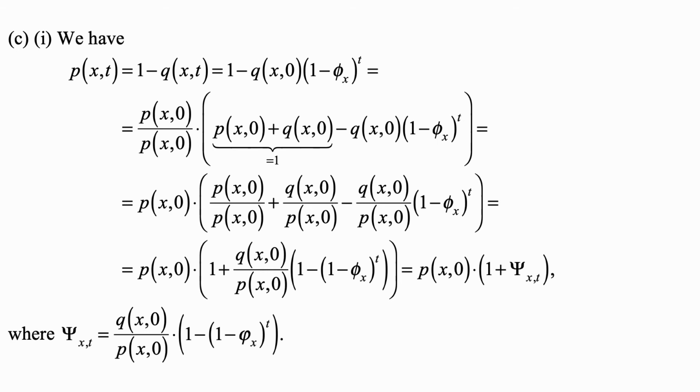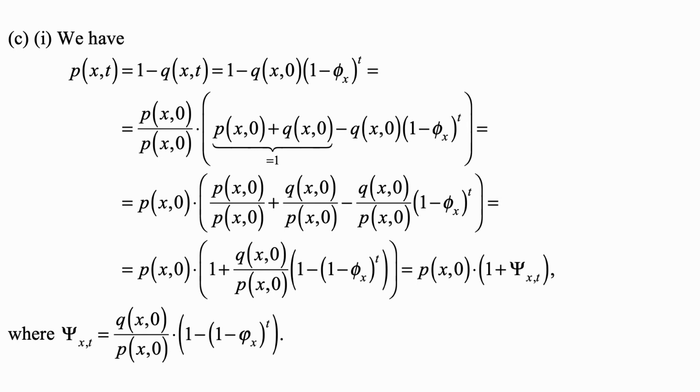That's 1 minus Q of xt, which is 1 minus Q of x0 times 1 minus phi sub x to the power t. And we write this in a strange way by writing it as p of x0 divided by p of x0. Of course, that's 1.